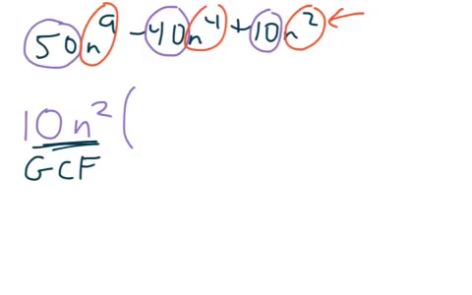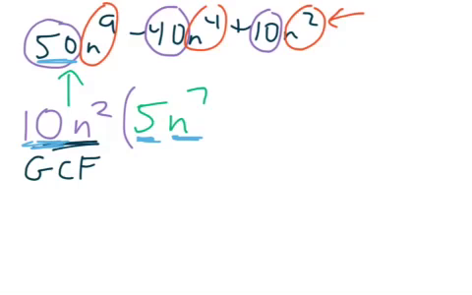is my GCF. Now doing distributive property backwards again, I know if I divide that into that, that would be 5n to the 7th. Okay? Again, follow my light blue here. I know 5 times 10 is 50. See that?